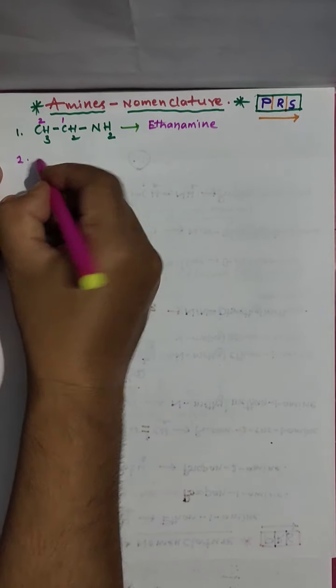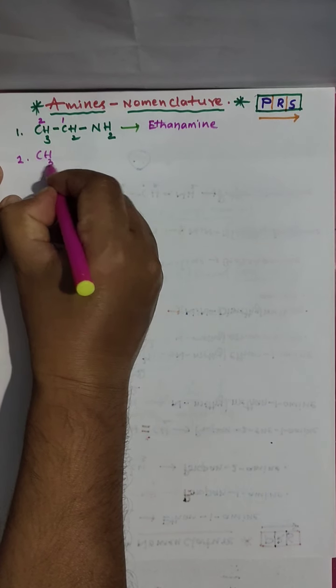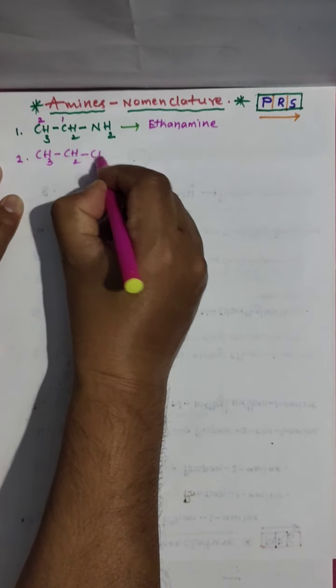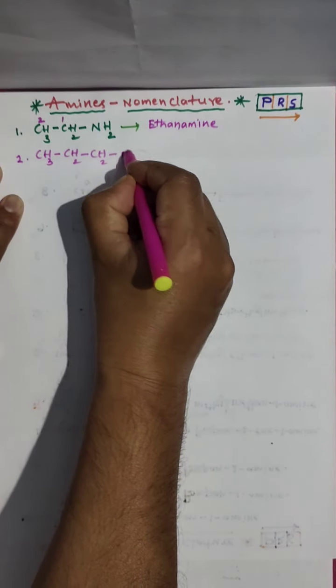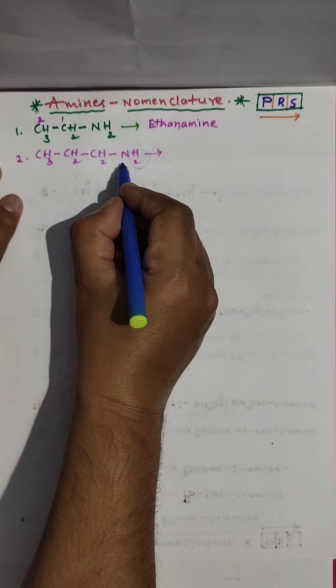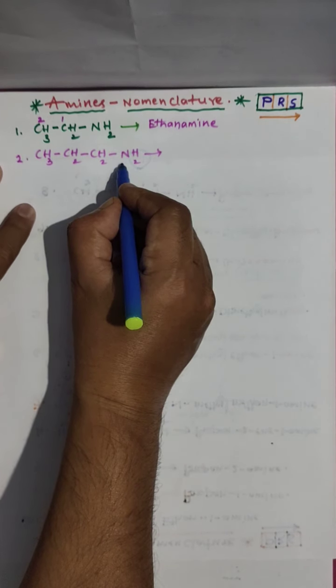Next, go for another one: CH3-CH2-CH2-NH2. Always give the least possible number to the functional group bonded carbon.